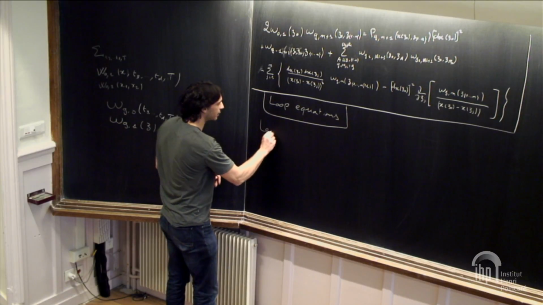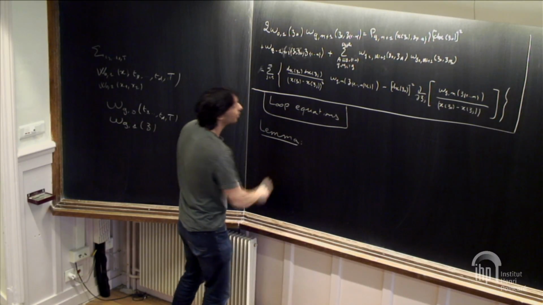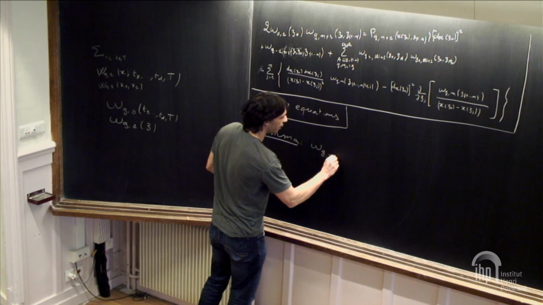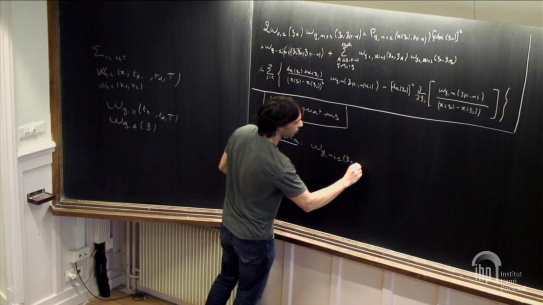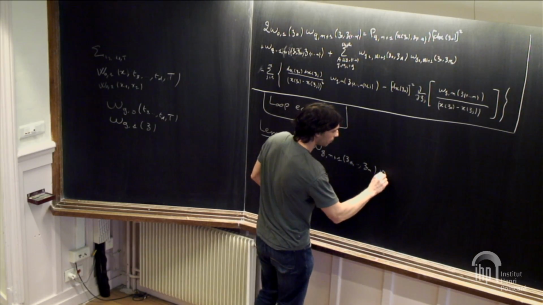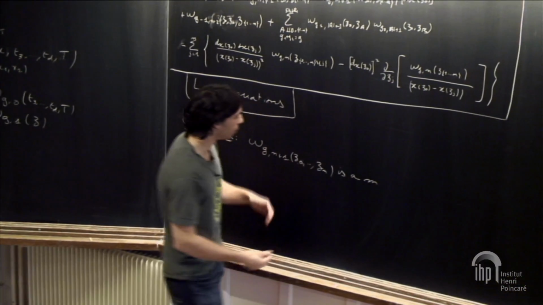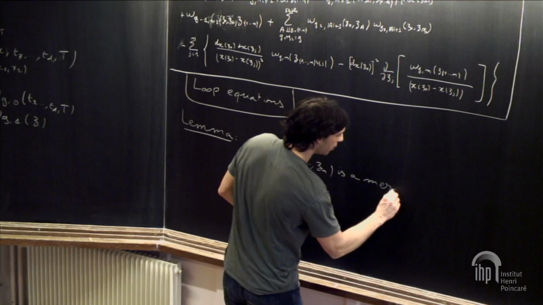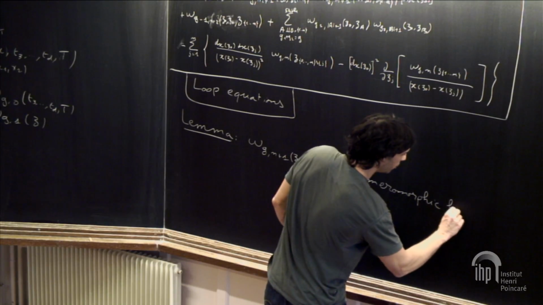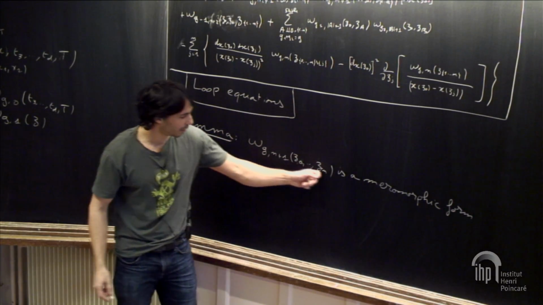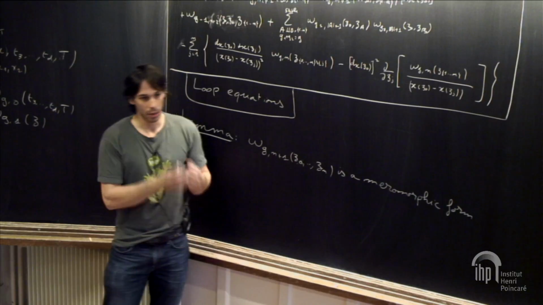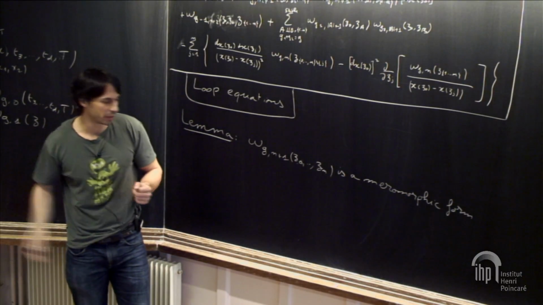The first thing I said is that, once again, you can use this equation in order to see that omega G,n+1 of z1 up to zn is, so before I was working with this function, here it's a meromorphic form in the variable z0 to the n, meaning that we can think of it as a rational function in z0 to the n multiplied by dz0, dz1, dz2 up to dzn.